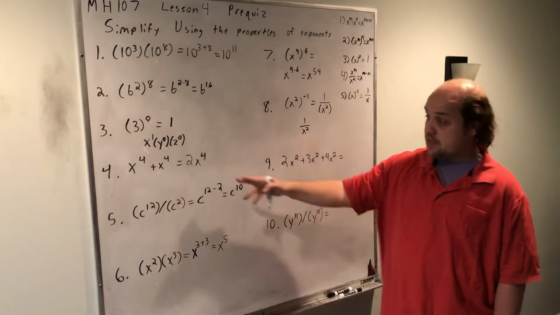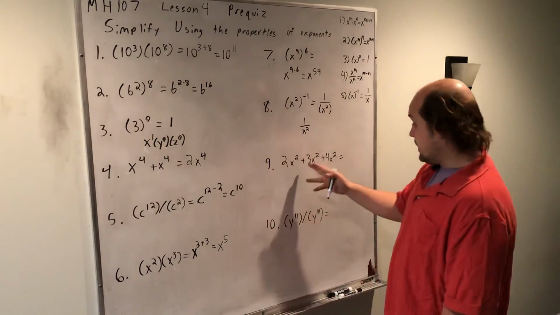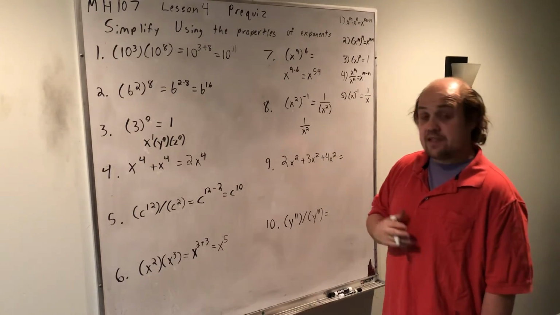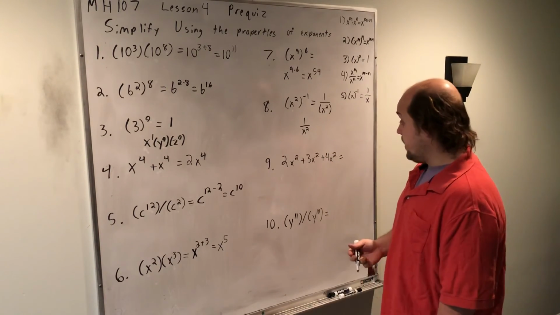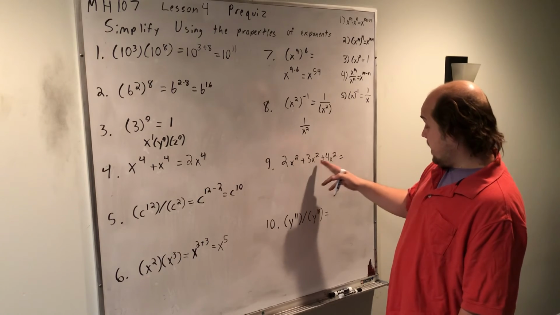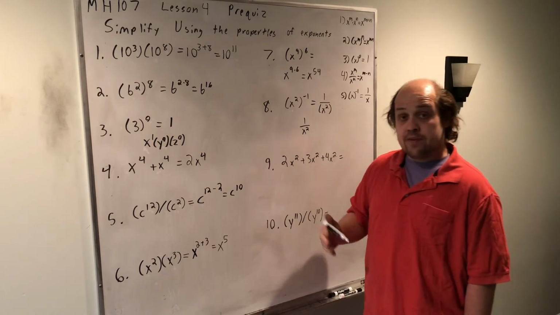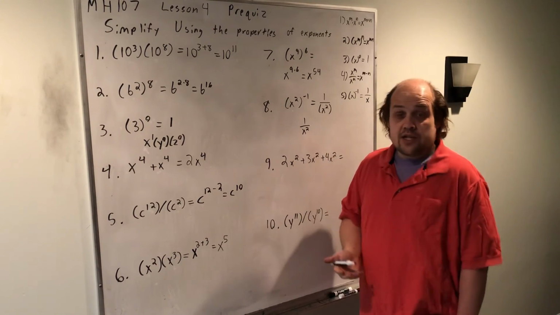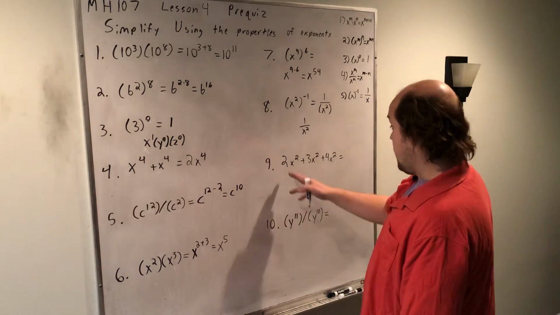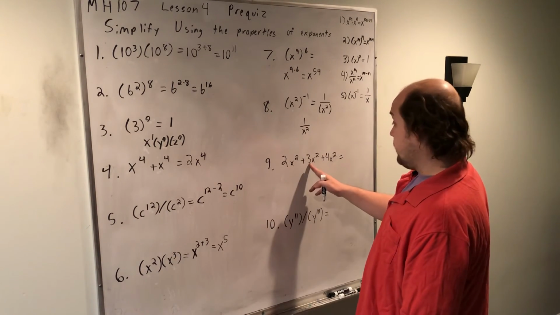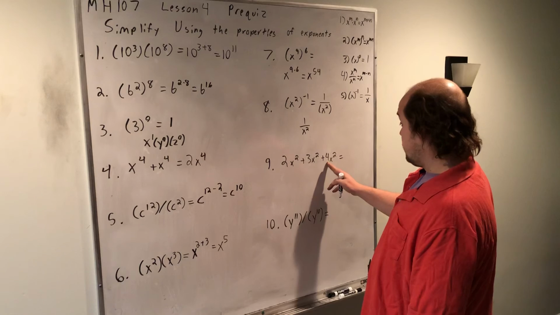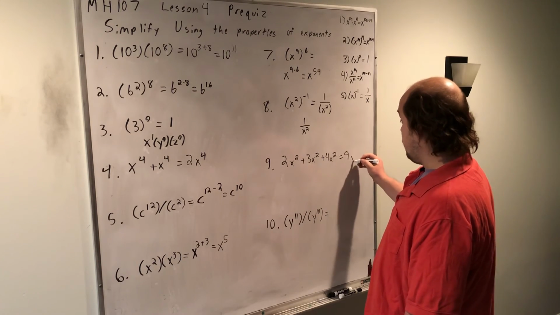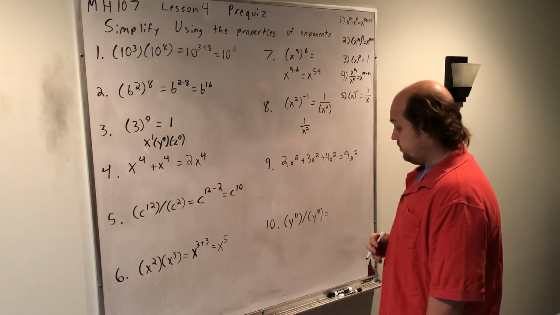Problem 9 is like problem 4, where since everything's just being added, I have to see what are like terms and combine the like terms. Everything is an x squared, same variable, being taken to the same power, so I can just say how many total do I have. I have 2 here, plus 3 here gives me 5 total, plus 4 more gives me 9 total x squared terms.